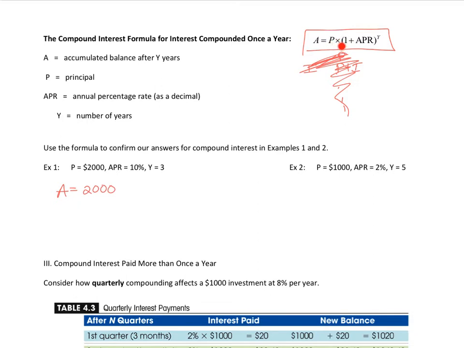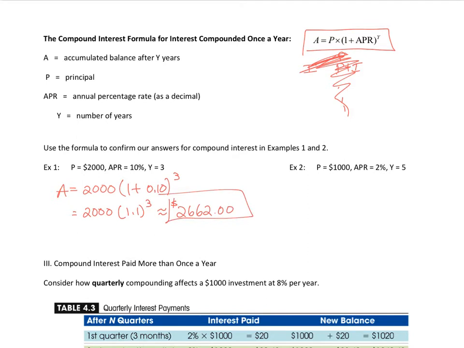And then I'm going to write a set of parentheses, 1 plus 0.1, the interest rate, close parentheses, raised to the third power. So I can simplify what's inside there. This would be 2,000 times 1.1 to the third power. And that gives me, you guessed it, 2662.00, just like what we got on the previous slide.